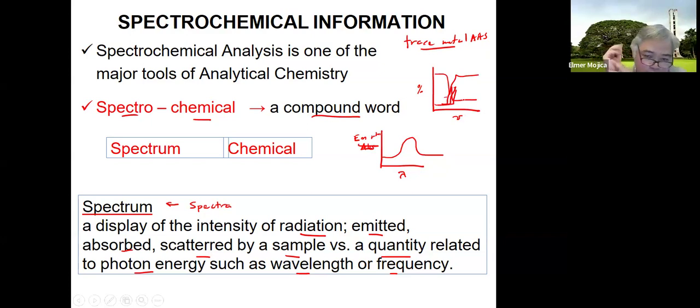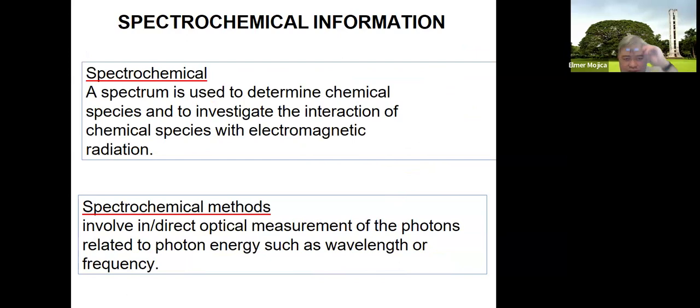So it is the intensity of the radiation, radiation that was absorbed, emitted, or scattered by a sample, versus the wavelength or frequency, a quantity related to photon energy. And if we're going to look at spectrochemical, this is a spectrum used to determine chemical species and to investigate the interaction of chemical species with electromagnetic radiation.